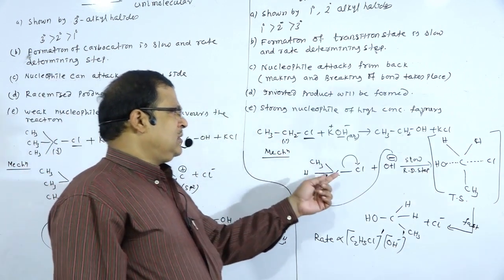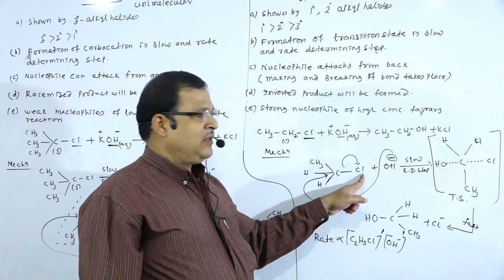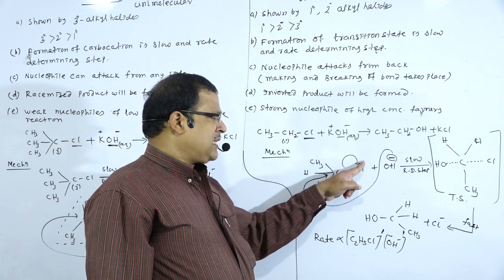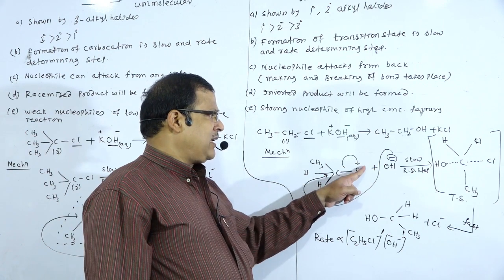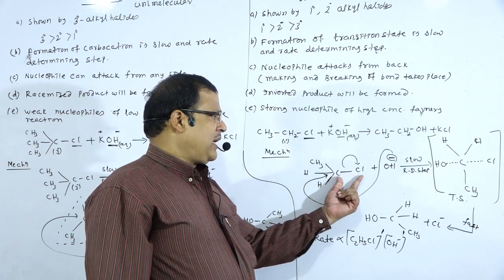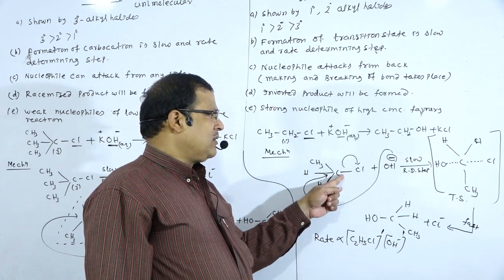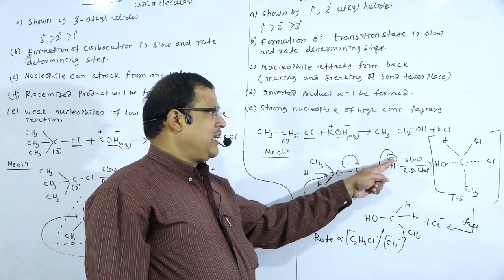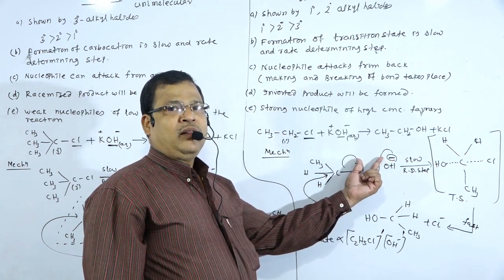You know, in the carbon halogen bond, the chlorine atom is more electronegative, so it acquires a negative sign. Chlorine has a partial negative charge, carbon is partial positive, because of the electronegativity difference. So the nucleophile cannot attack from the front, because Cl is delta minus and OH minus is negative, so there will be an electrostatic force of repulsion.